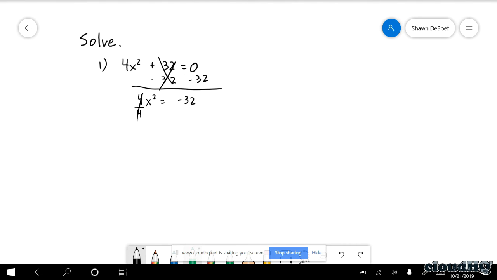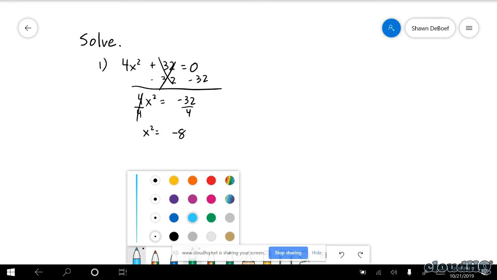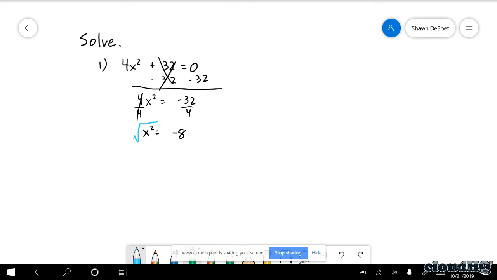But for now, I can just solve for x. x squared by itself. x squared is equal to negative 8. Here's when I introduce the square root, because I'm trying to solve it, I have to get rid of the square. And when I introduce the square root, that's when you have to do the plus or minus. So in solving problems, we are getting rid of a square. That's when we have plus or minus.